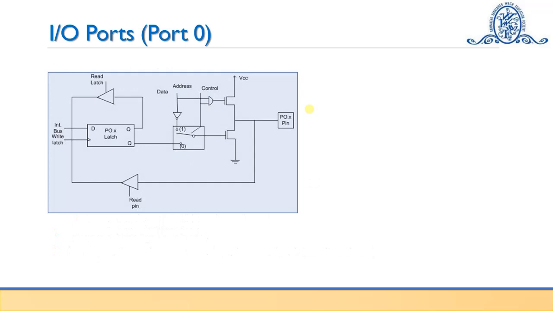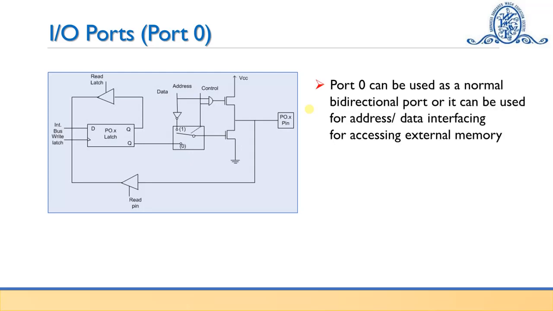Now this is a simple IO port pin diagram for port 0. This is how one pin of port 0 looks. Port 0 can be used as a normal bidirectional port, or it can be used for address or data interfacing, for accessing external memory. So it has a dual purpose.